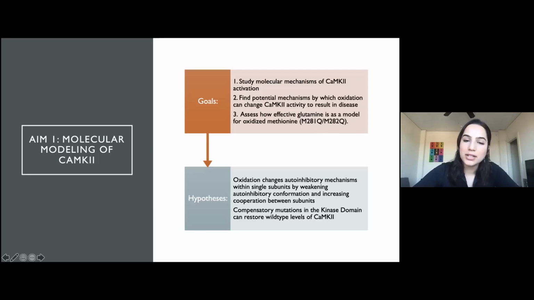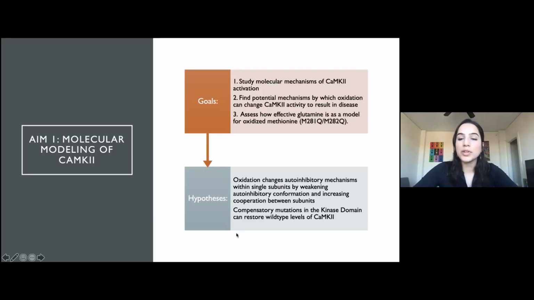So our hypotheses were that the oxidation event would change the mechanism by which CaMKII is autoinhibited to weaken this autoinhibitory conformation and result in increased activity and basically prolonged activity of CaMKII and prolonged inflammatory pathway activation.